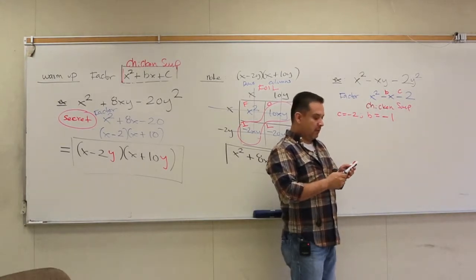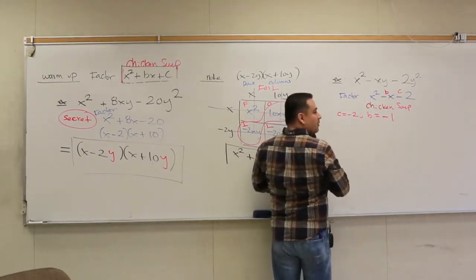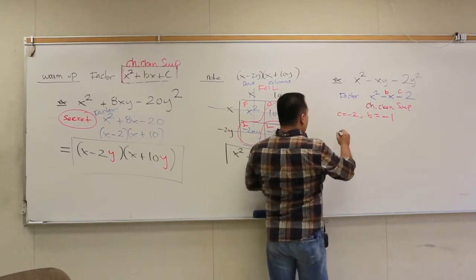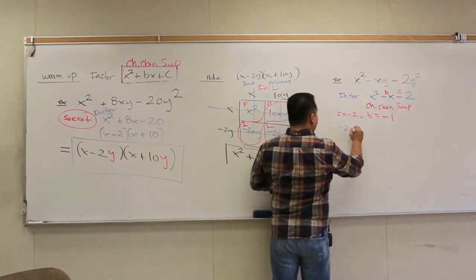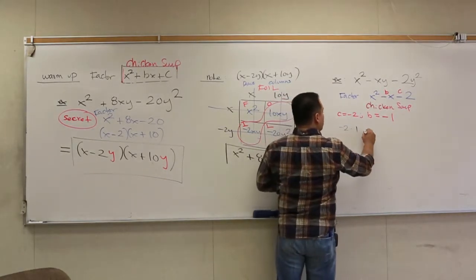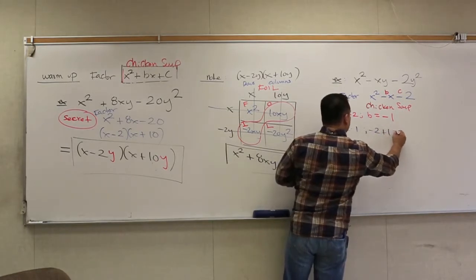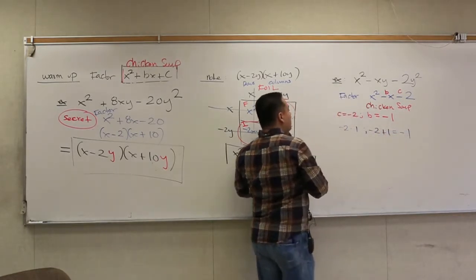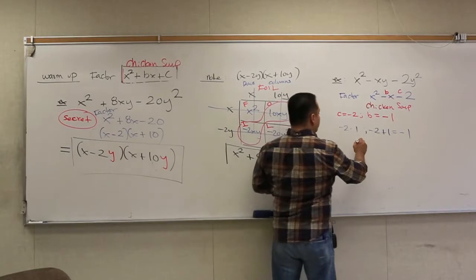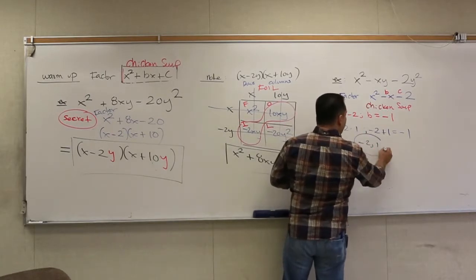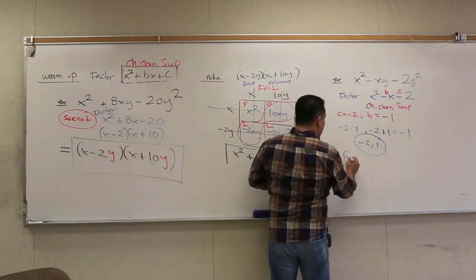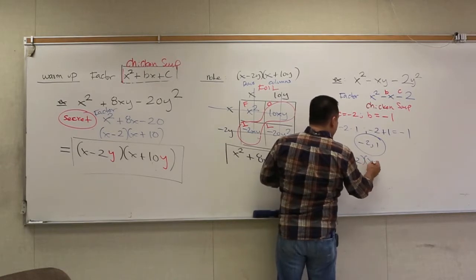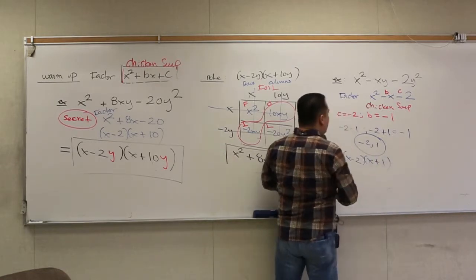Is that true? Let's check. -2 times +1 is -2. What's -2 plus 1? Is that -1? So the answers are -2, +1. You're right. So this is going to be x minus 2 times x plus 1.